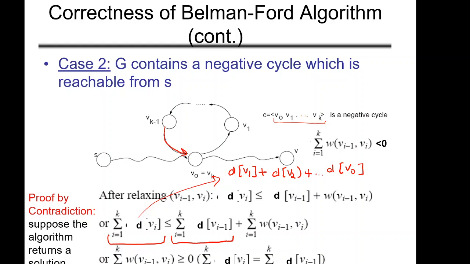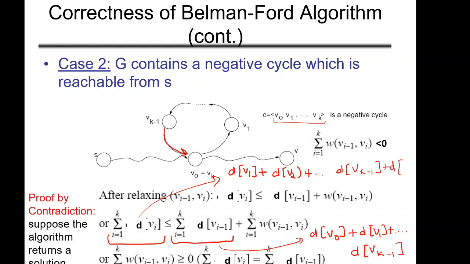Now let me elaborate the other term. Here i is 1, so this is d of v0 plus d of v1, up to d of vk minus 1 plus d of vk. And in the end I just remove this vk and put v0 here.